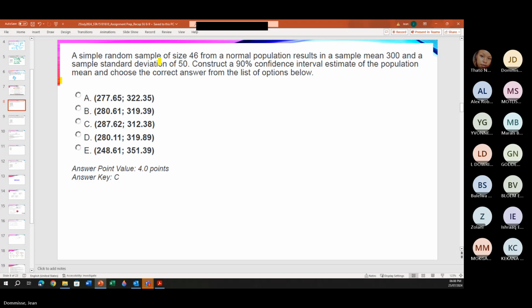So when you pick up things, a simple random sample size of 46, so we know n is going to be 46, from a normal population results in a sample mean of 300, and the sample standard deviation.